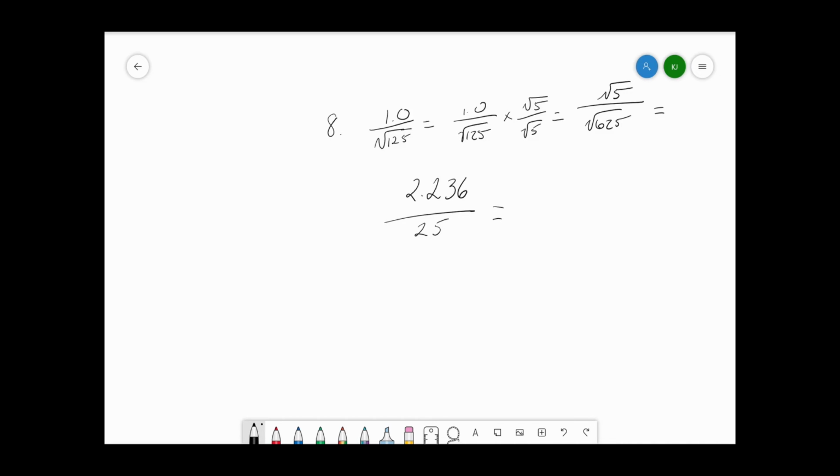So then we can divide this into each other using basic algebraic problems and come up with 89 hundredths, which when rounded is about 0.1. So either answer here would be acceptable.